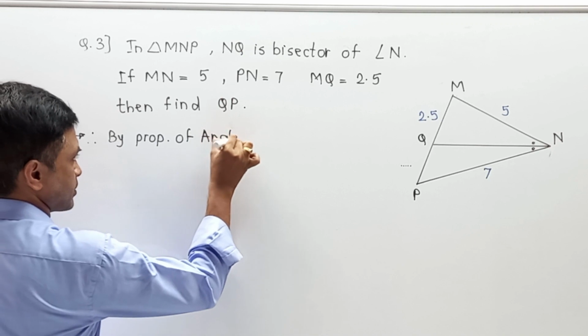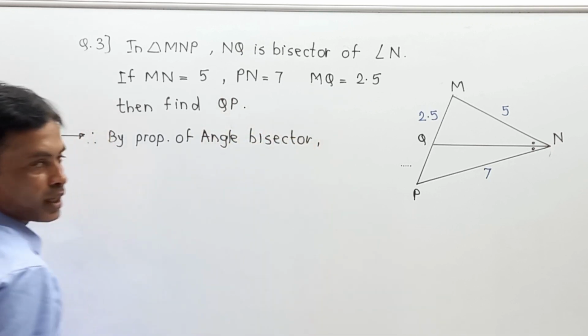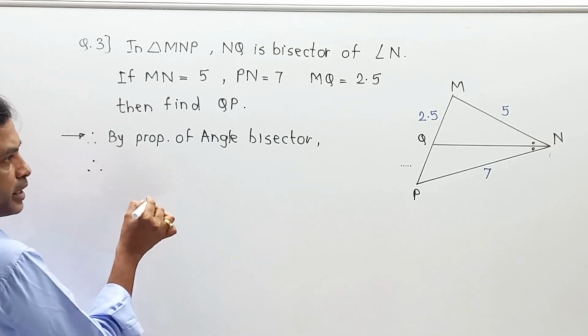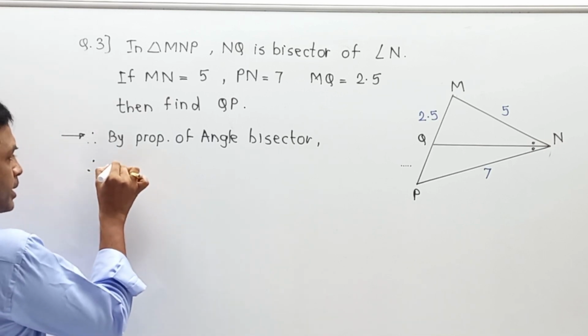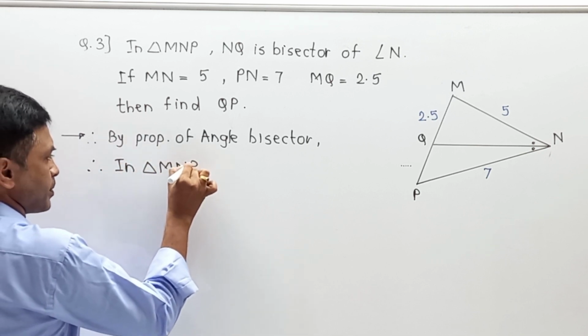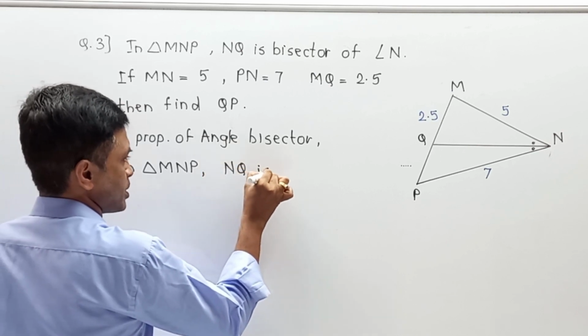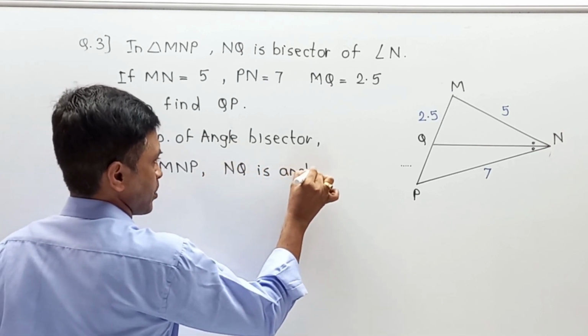by property of angle bisector, what is that? In triangle MNP, NQ is the angle bisector.